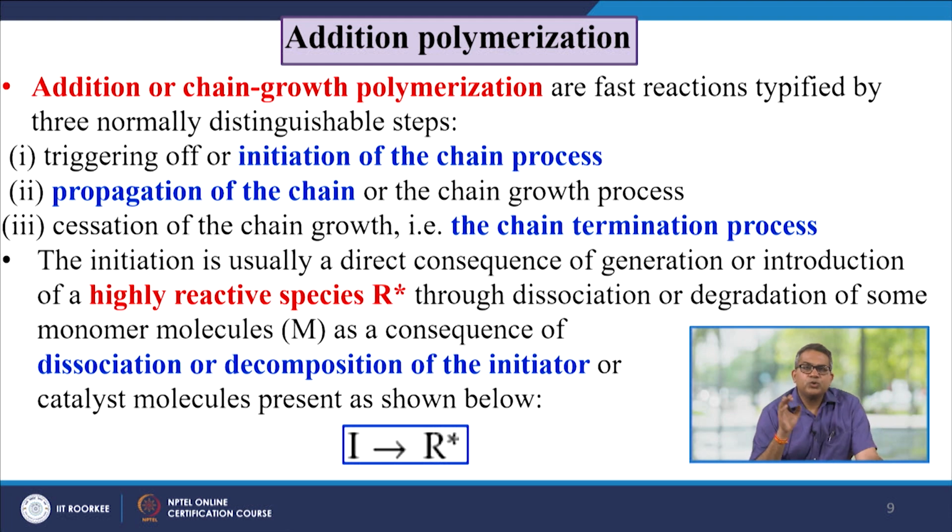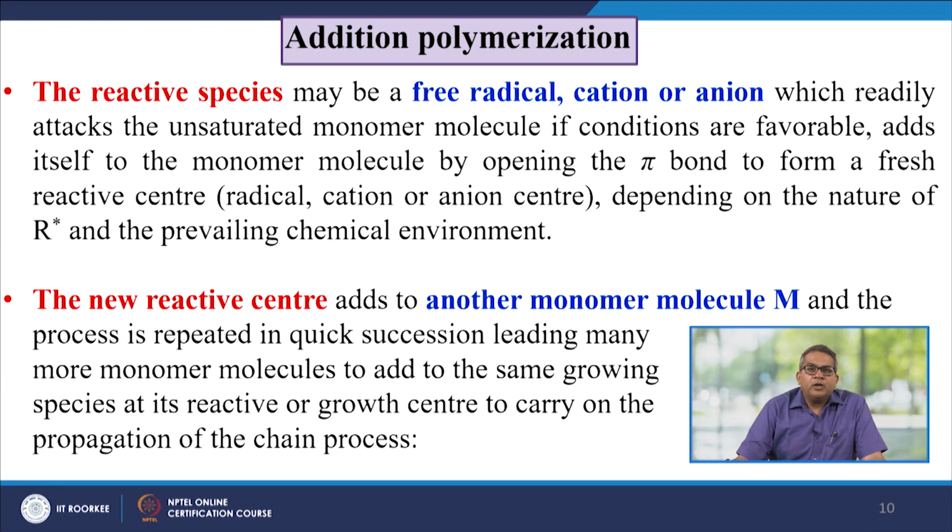The initiation is usually a direct consequence of the generation or introduction of a highly reactive species, referred to as R naught, through the dissociation or decomposition of some molecules, which we can represent as I dissociating or decomposing to R ionic. Now, the reactive species may be a free radical, cation, or anion.